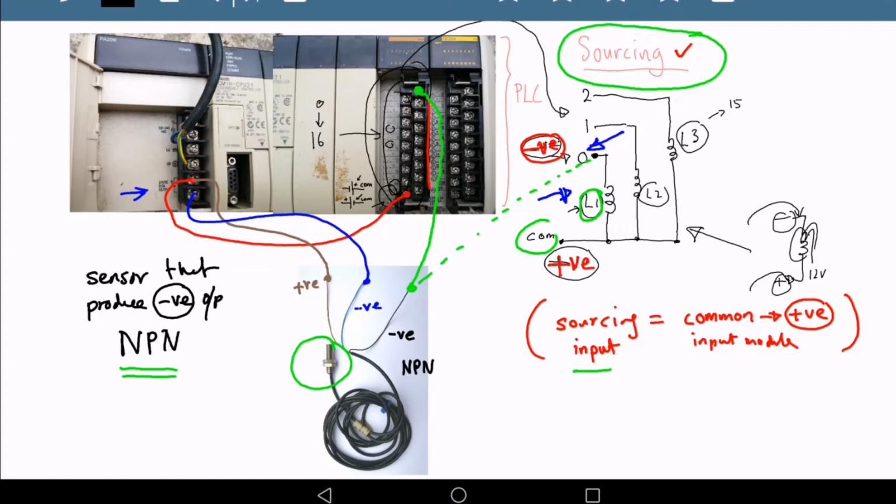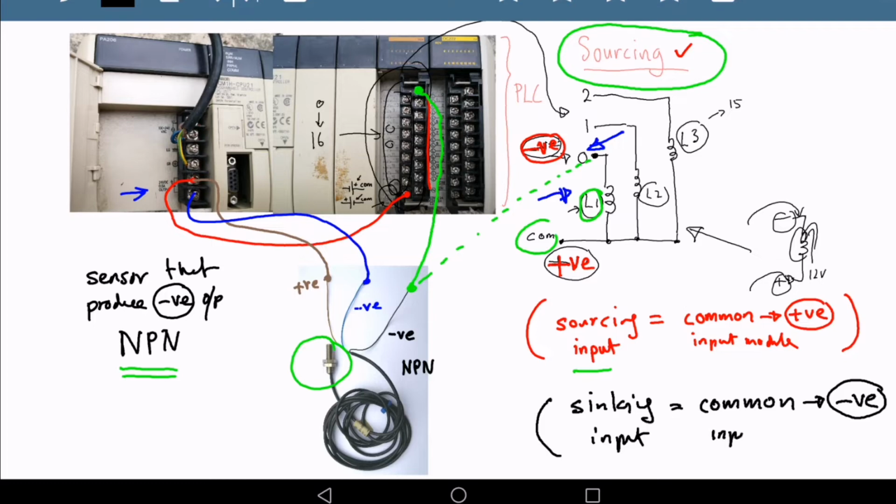Alright, so syncing input, common connected to negative. That's all. Right? Common of input module connected to negative.